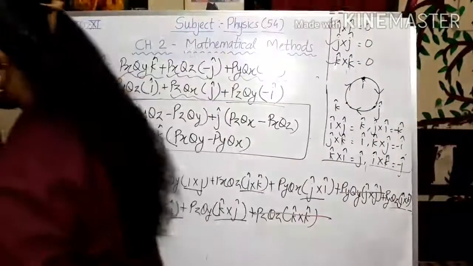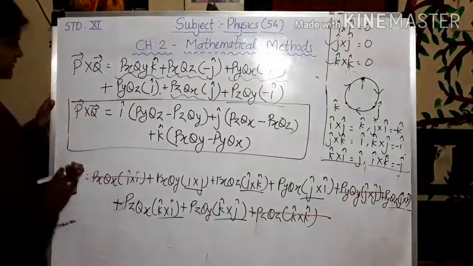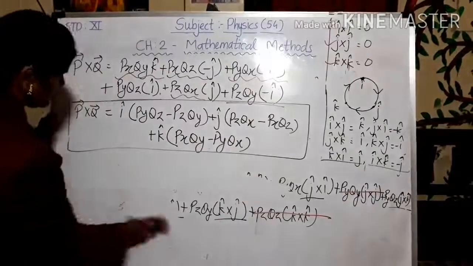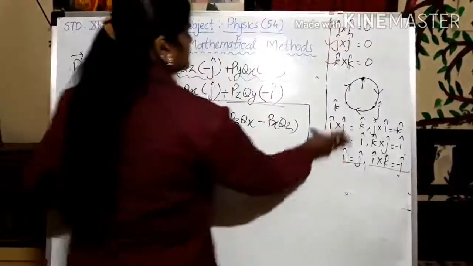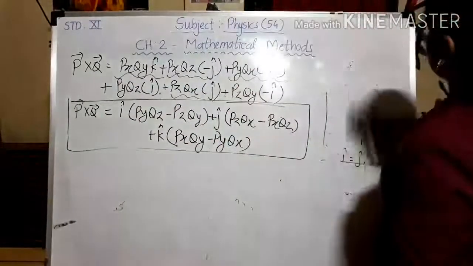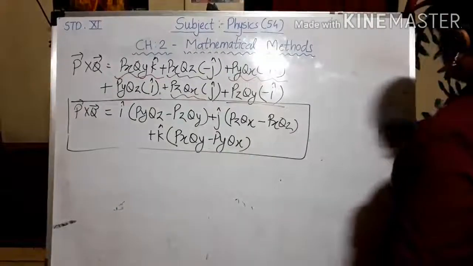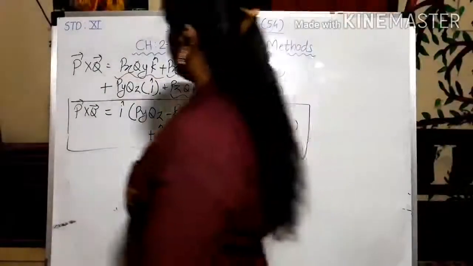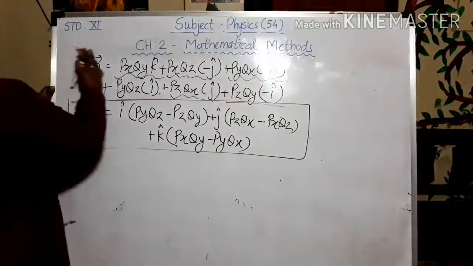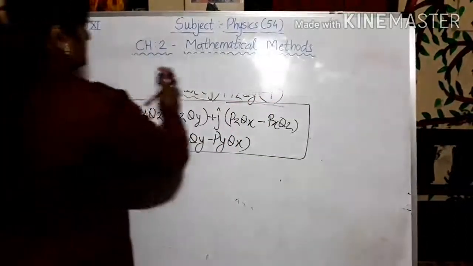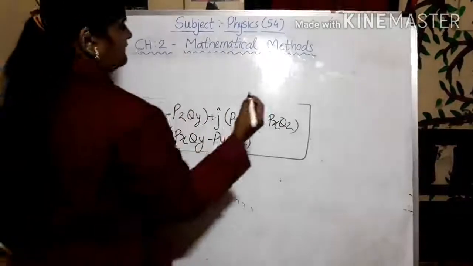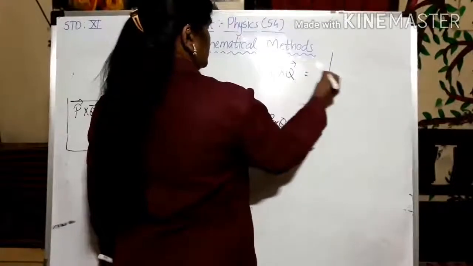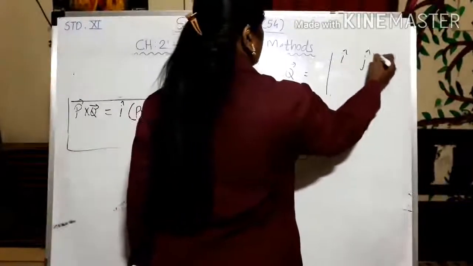So I will just tell you in short what a determinant is. So this can also be written in determinant form, as I will show you here. So P bar cross Q bar is, see, in this way.